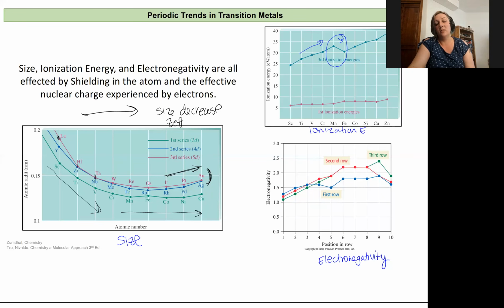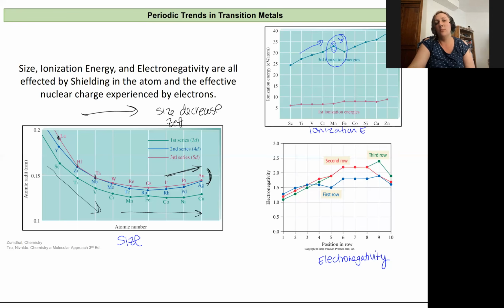This is really looking at the third ionization energy, the removal of one of our d electrons finally. So if we lose both of our s electrons first, then losing a d electron is going to be more energetically costly for something like manganese that has a half-filled set of d orbitals.